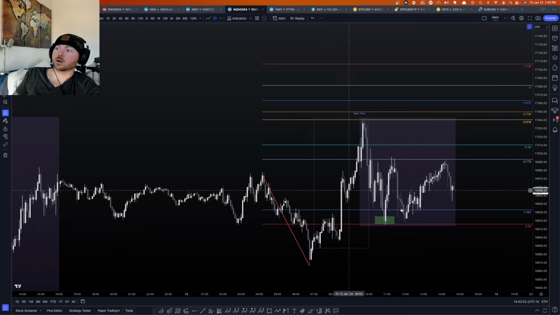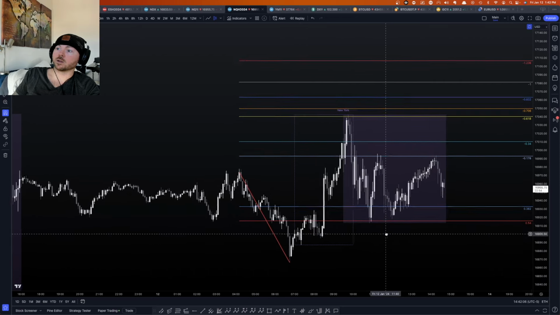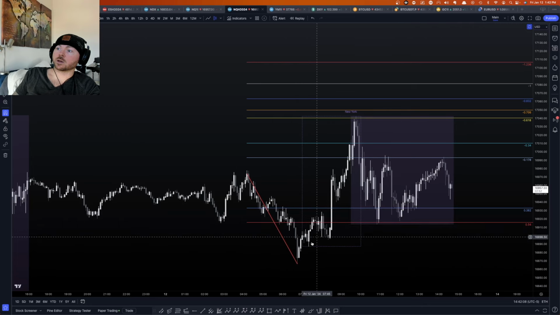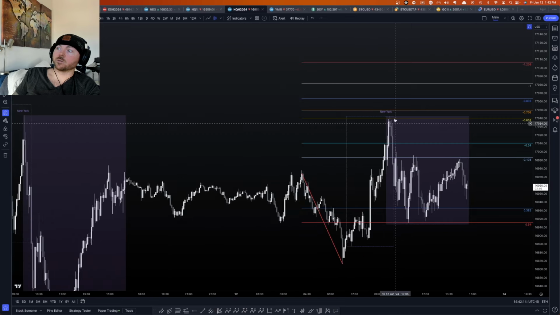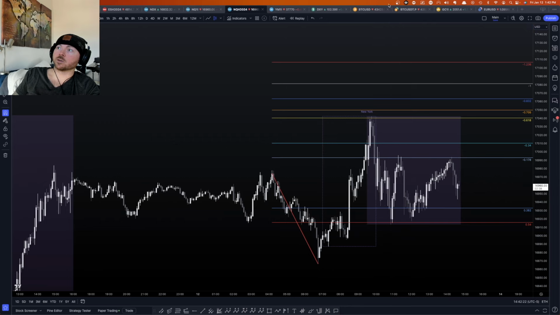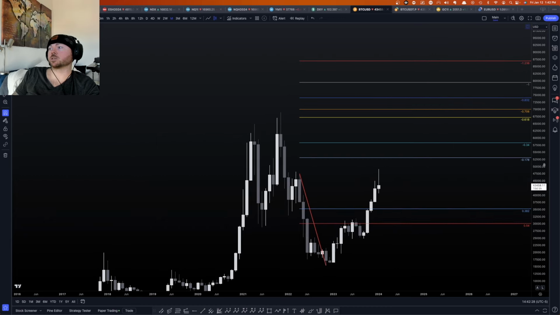NASDAQ did something kind of similar here. Look at how this looks here, using this pull, we actually ended up coming all the way down to the 618 and then reacted perfectly from the 5-4 here. It's just the way that this thing looks. And then if I go back to here, could we see something like that?